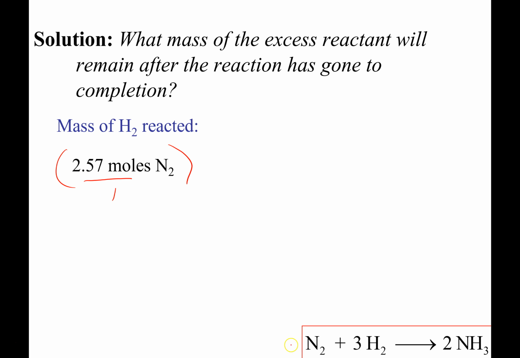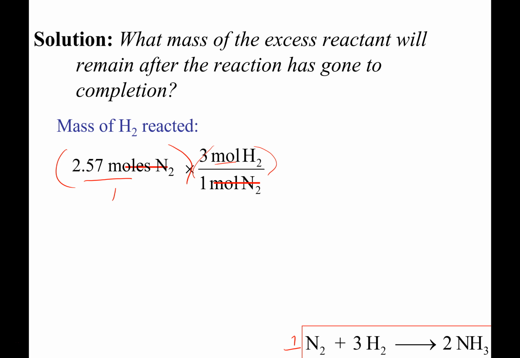Here are your hints down here. We have 1 mole of N2 reacting with 3 moles of H2. What ratio can go here to make moles of N2 cancel, leaving us with moles of H2? 3 moles of H2 over 1 mole of N2. Yep, 3 moles of H2 over 1 mole of N2.